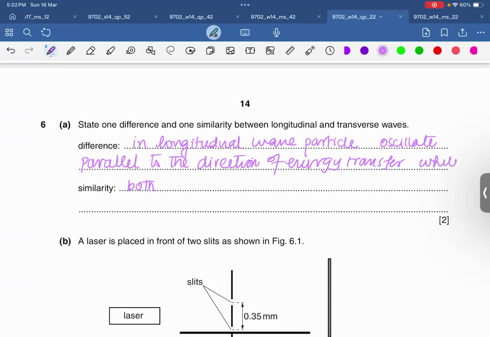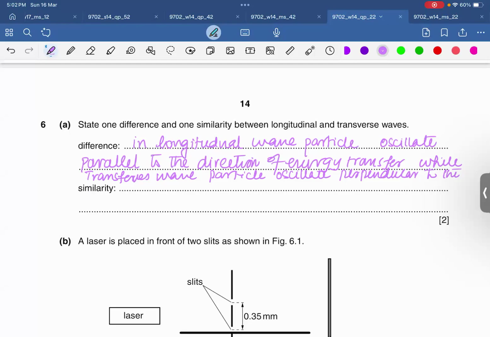And if you write, in a transverse wave, particles oscillate perpendicular to the direction of energy transfer.